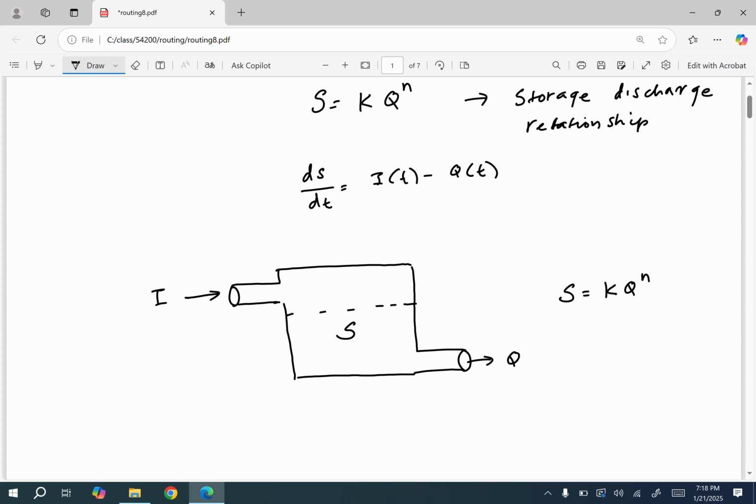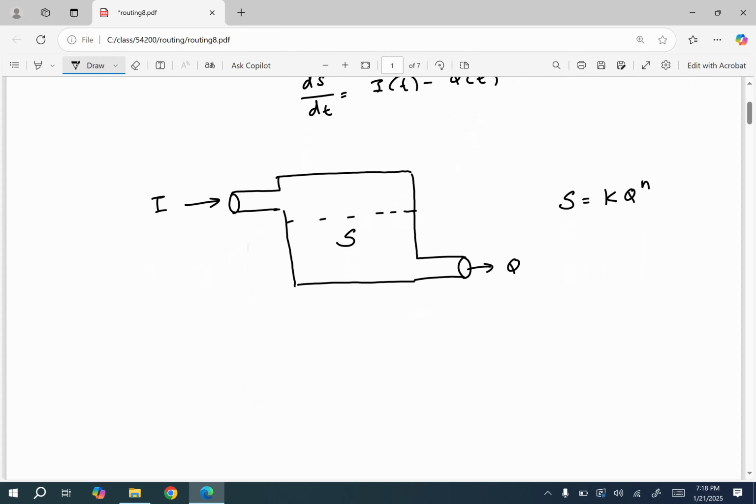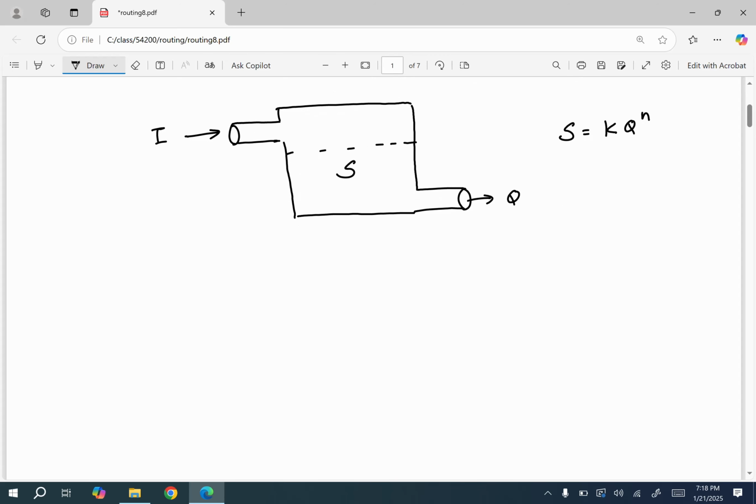So let's derive an expression on how we will solve this routing problem using a nonlinear reservoir. We'll start with our continuity equation, which is dS over dt is equal to I(t) minus Q(t).